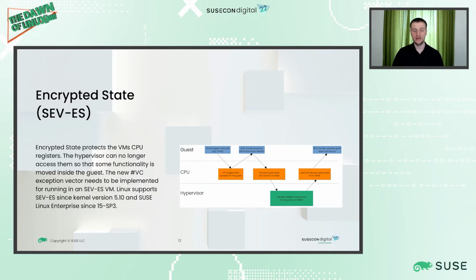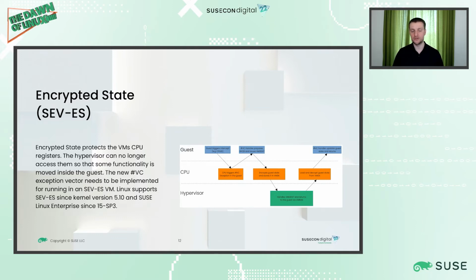And in this exception handler, there's code which would normally run on the hypervisor, but now runs inside the encrypted virtual machine. Every time an event happens which would require the hypervisor to access the registers, an exception is raised inside the guest, and the exception handler handles the request.